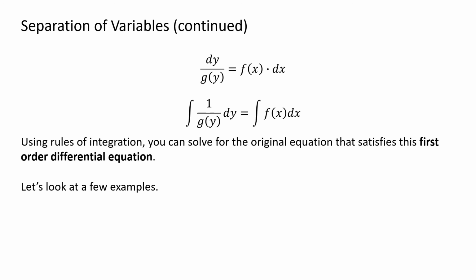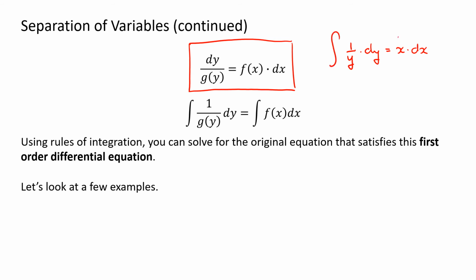Looking at this function, the general function we had was dy divided by the function of y is equal to f of x times dx. Remember in our example, we had 1 over y times dy is equal to x times dx. Now, if we want to solve for this function y, we can do it by integrating both sides, because we have a dy and a dx term.